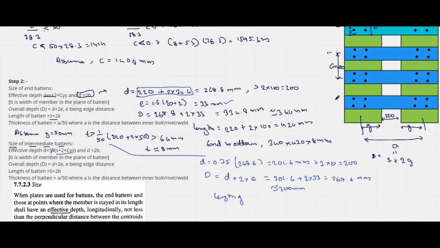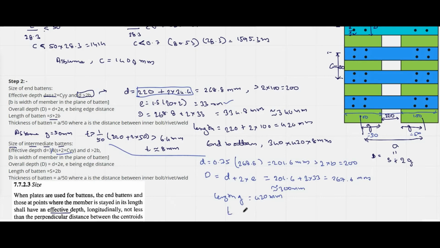The length of the batten is the total length: 100 mm flange width of the channel section on this side as well as 100 mm on this side, 100 plus 100, 200 plus 220, which comes to 420 mm. The thickness of the batten will not change, as this distance will not change. The weld length will remain the same, which is 50.